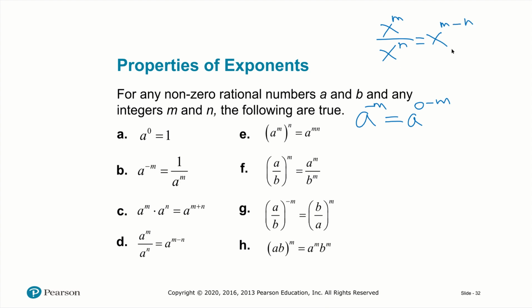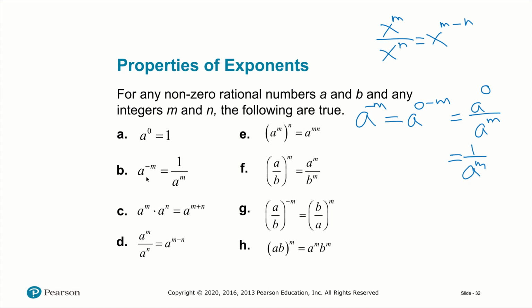Now, if you apply the quotient rule going in this direction, this means that a to the 0 minus m should be a to the 0 over a to the m, correct? Now, notice that a to the 0 is 1. So that's how we get this becomes 1 over a to the m. Okay, so you can use some of the rules you already know to come up with some of the newer rules.